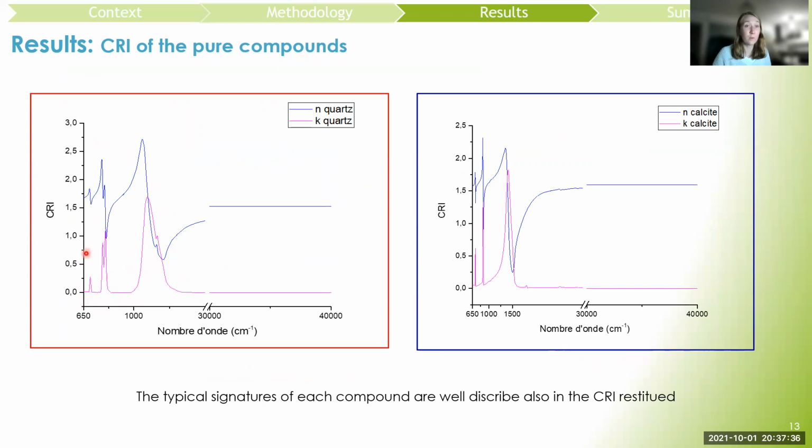There is this one, but less resolved. We don't see the double peak, and this one is not seen because of the resolution. Here we have a better one, so we are able to see this small peak. And in calcite, as we said, the harmonics, we can retrieve them at the end in the complex refractive index.